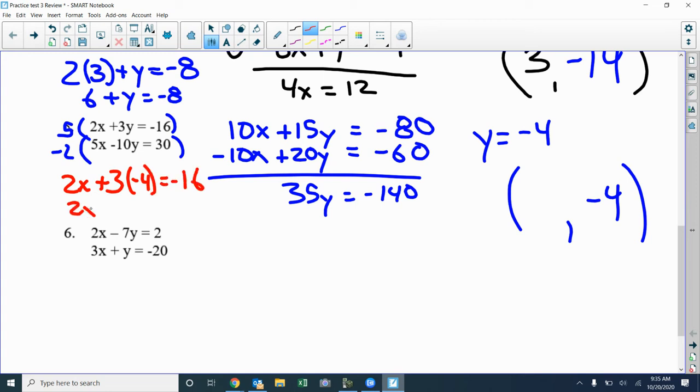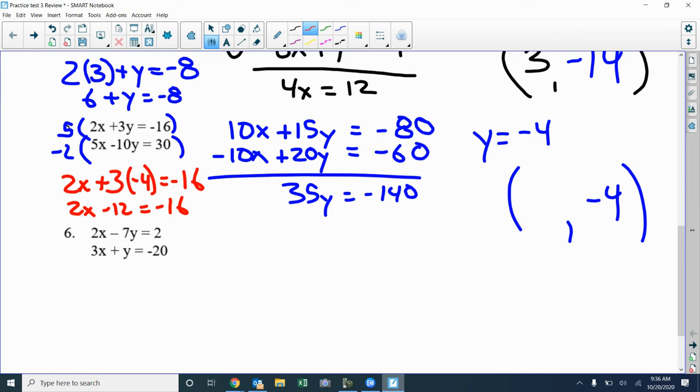That's going to be 2x minus 12 equals negative 16. Solving, add 12, leaves me 4 divided by 2. Is that 2? So what number was that? Is that number 5?